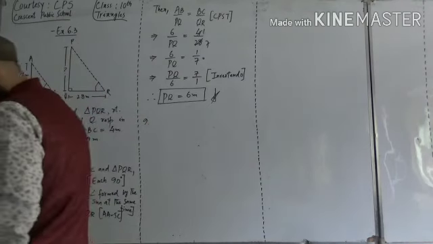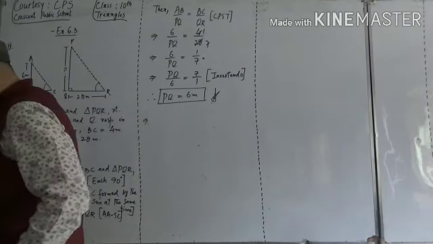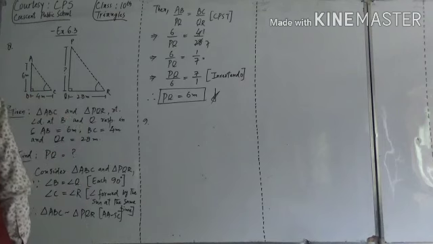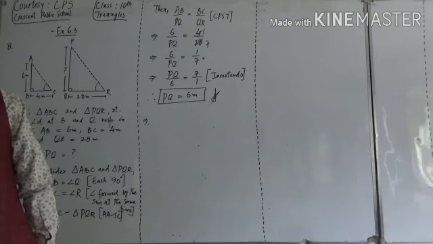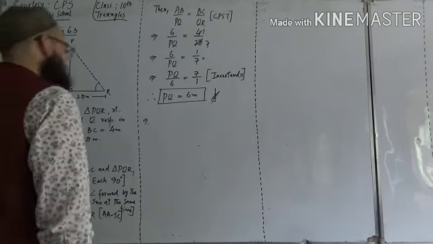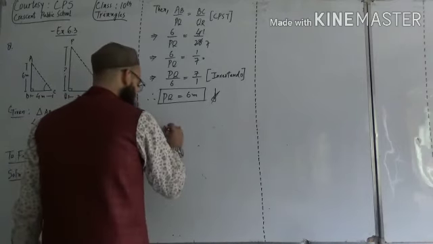Now let's have the next question. If AD and PM are medians of triangles ABC and PQR respectively, where ABC is similar to PQR, so we have two triangles.